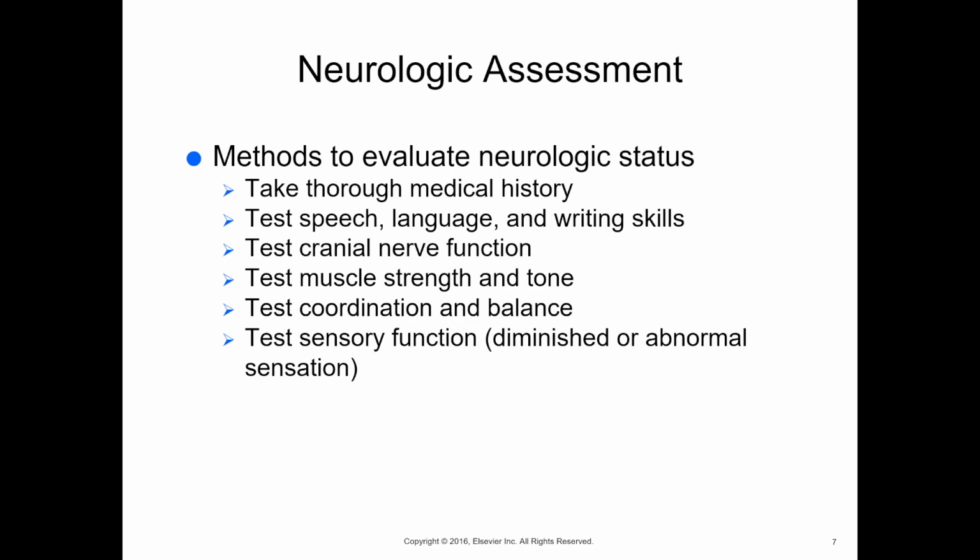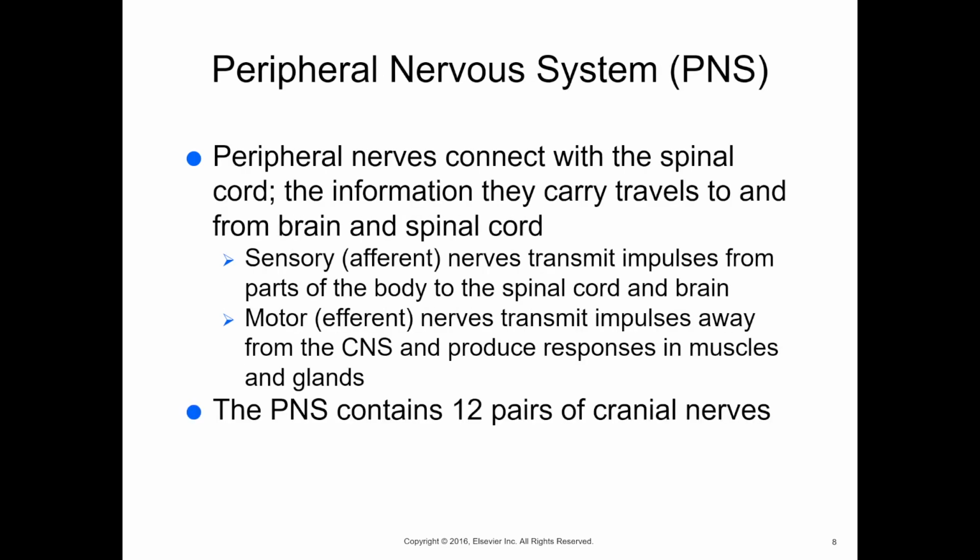But then we're also looking at higher order functions. Can they understand what you're saying? Can they write? Do they have conditions like aphasia where they can't speak? Do they have even weirder conditions where they don't recognize faces? There's all kinds of fun things that can happen.